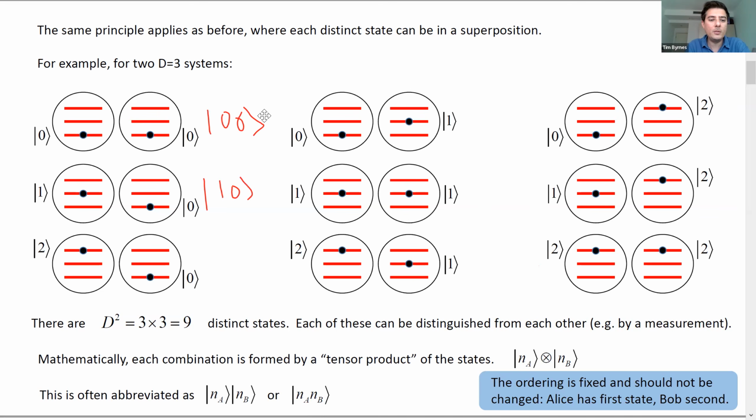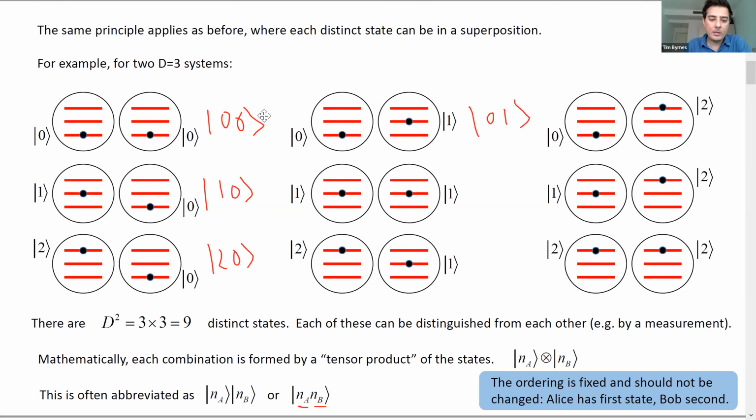This state I'm going to call the state 1, 0. This state I'm going to call 2, 0, and so forth, right? So I'm considering these combinations as already being states which have a unique identity, and then I can name them in any way that I want, but I'm going to name them just with these two numbers, NA and NB.